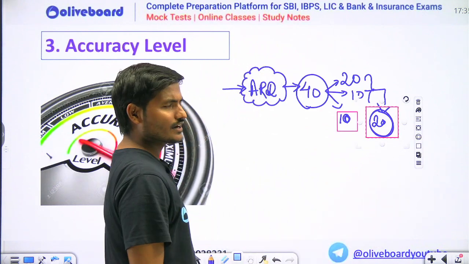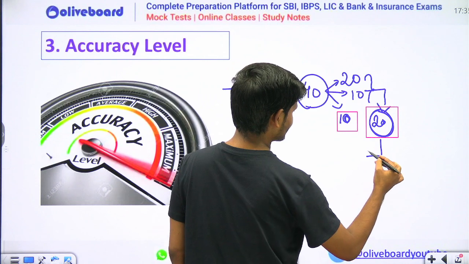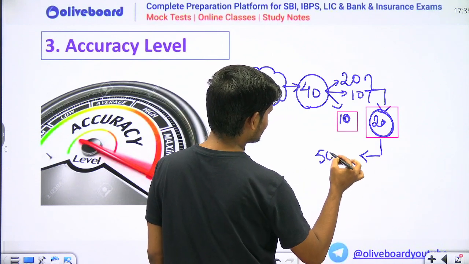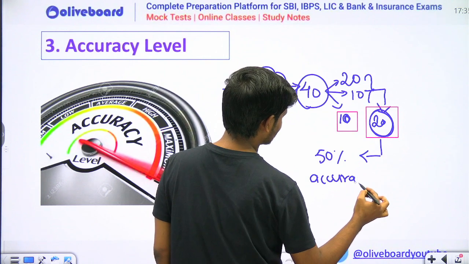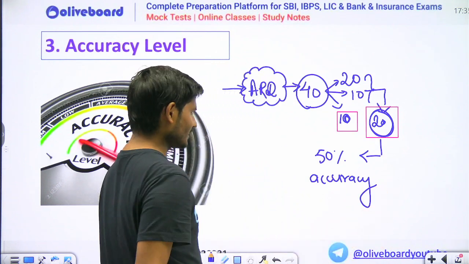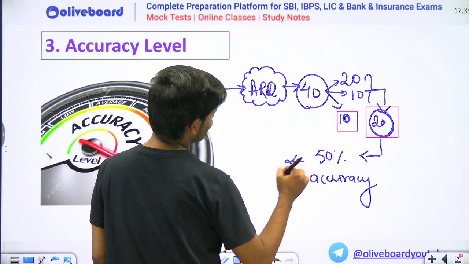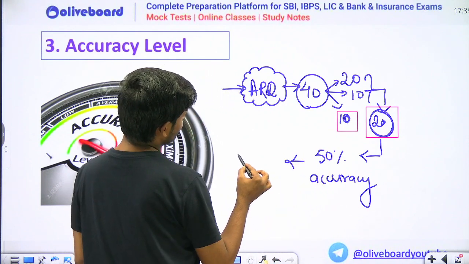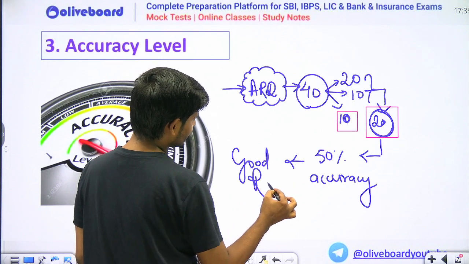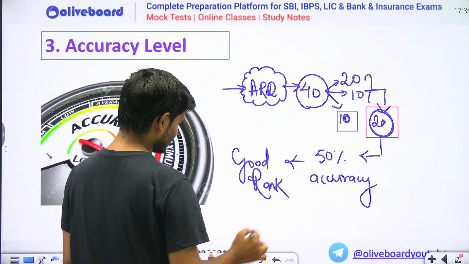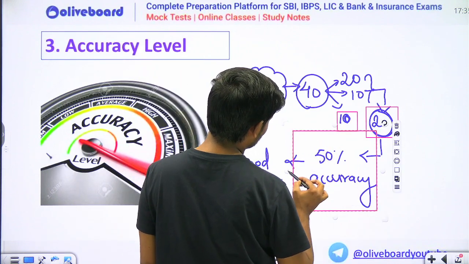Because this 50% accuracy is more than enough for you to get a merit in the NABARD Grade A examination with a good rank. So what I am trying to say is that it is not mandatory that you will be knowing all the facts.